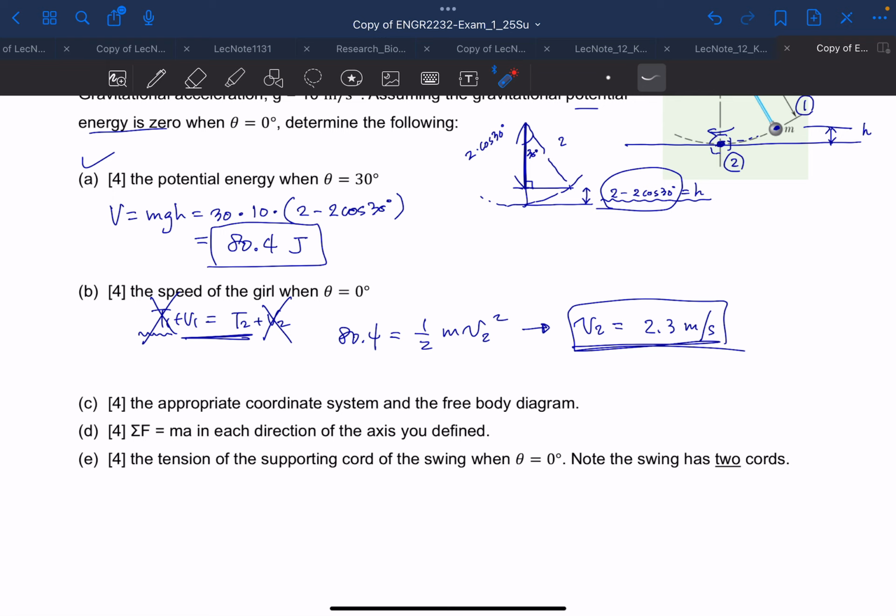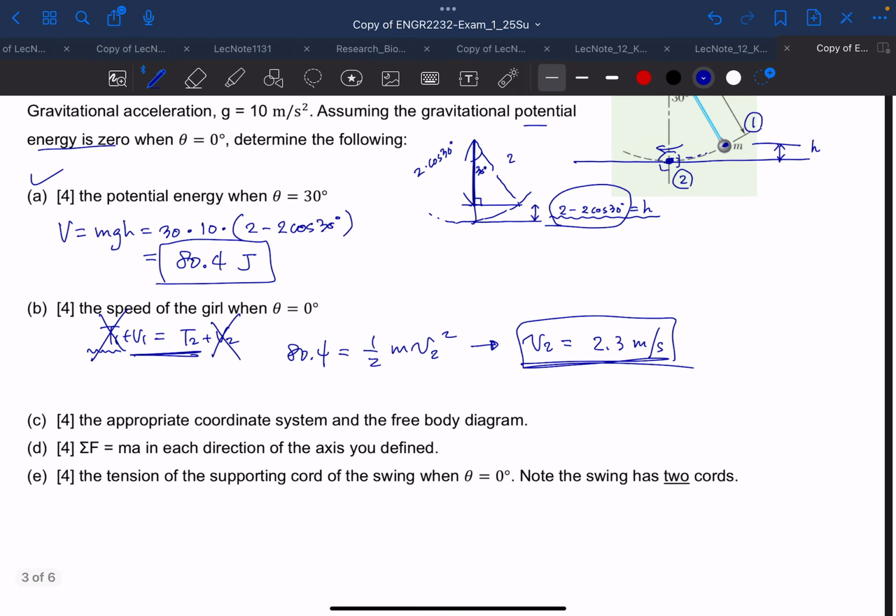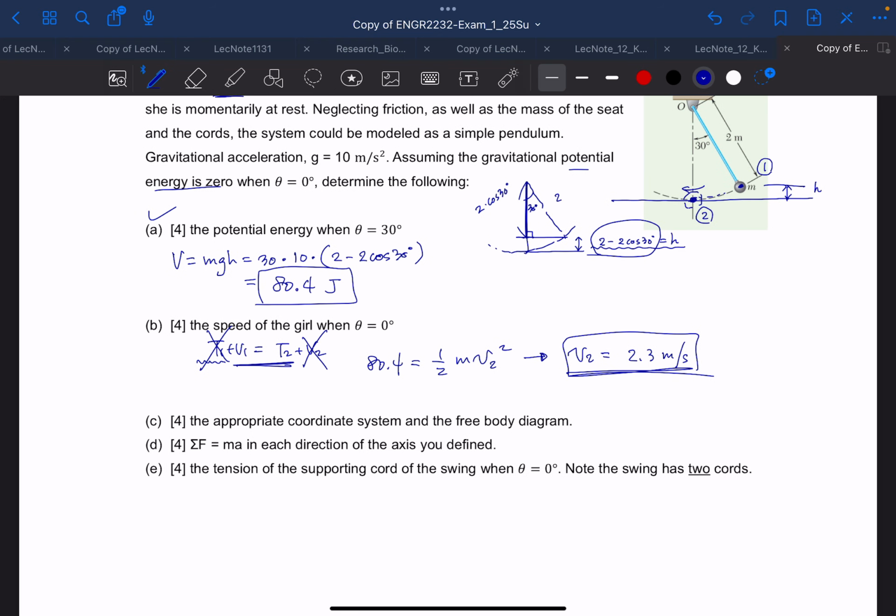Okay. And note that the swing has 2 cords. So when this is at 0 degree, and then it is moving like that, right?